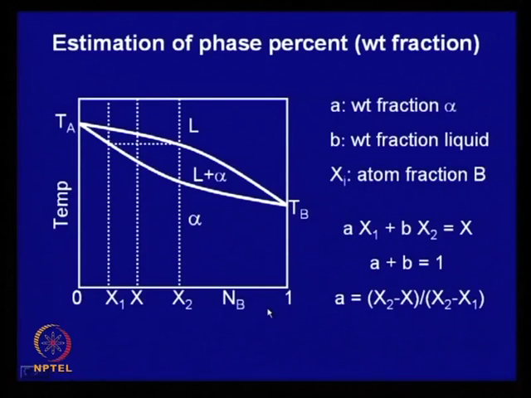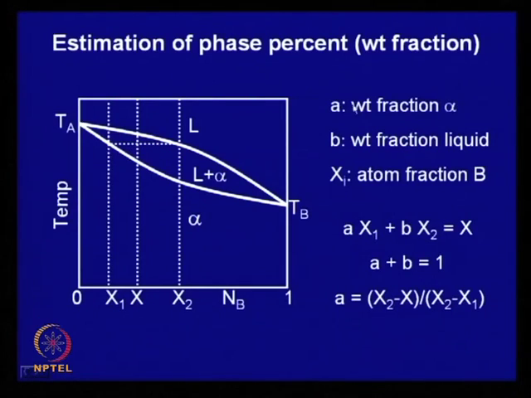Now, let us see, is it possible to estimate, at some intermediate temperature, you have drawn this tie line, and then is it possible to calculate from this diagram what is the amount of solid and liquid at this temperature.